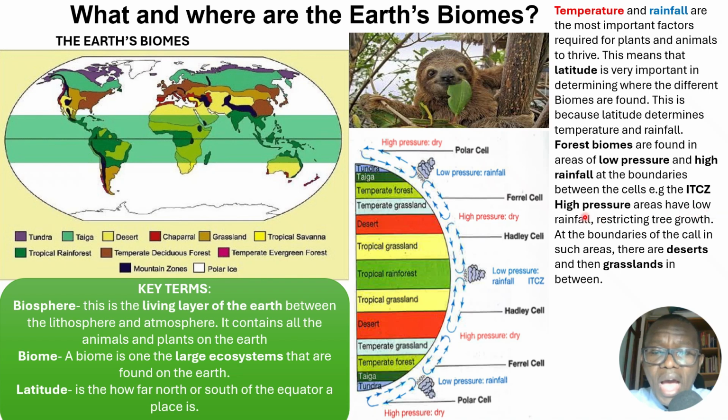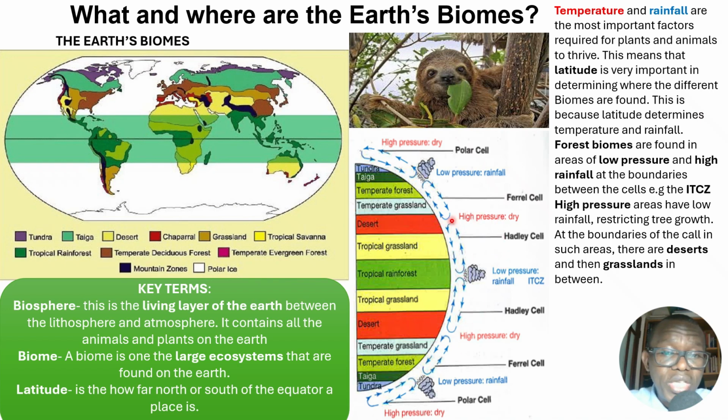Okay, so high pressure areas on the other hand have low rainfall, and that will restrict tree growth. And at the boundaries of the cells in such areas, we find deserts and then grasslands in between them. So as you can see here, we have a desert biome here, and another desert biome here in the southern hemisphere.